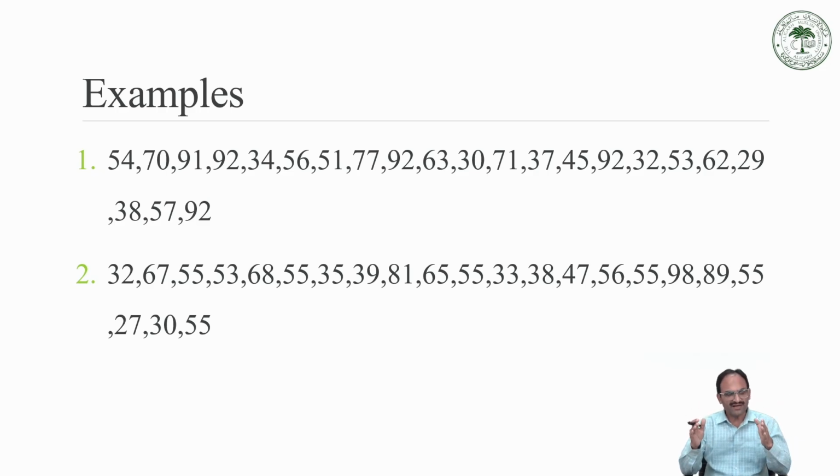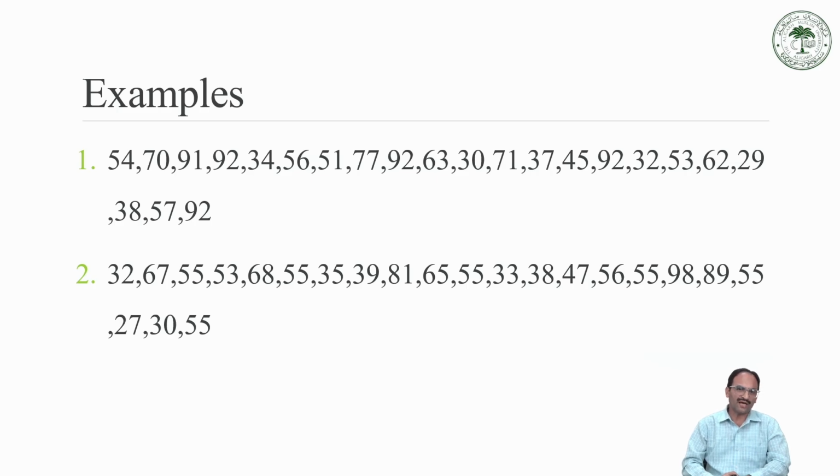Numbers have been given: 54, 70, 91, 92, 34, 56, 51, 77, 92, 63, 30, 71, 37, 45, 92, 32, 53, 62, 29, 38, 57, and 92. This is a big data set, so many numbers are there. Now you have to calculate the mode.